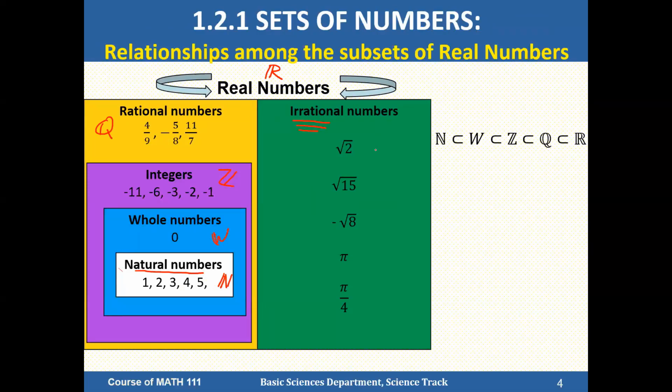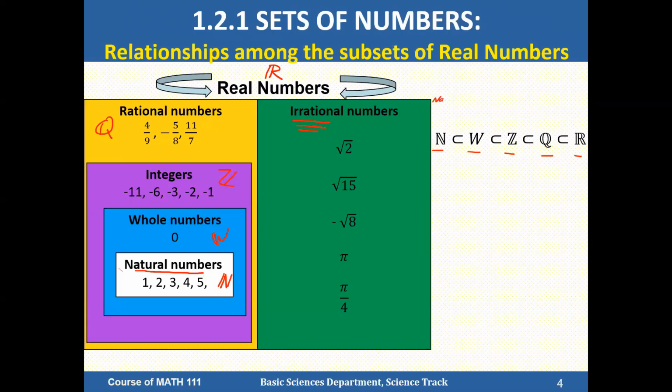So here we can see that natural numbers are a subset of whole numbers, which are a subset of integers, which are a subset of rational numbers, which are a subset of real numbers.